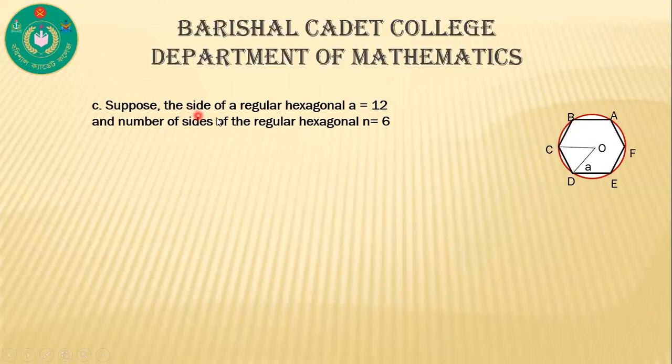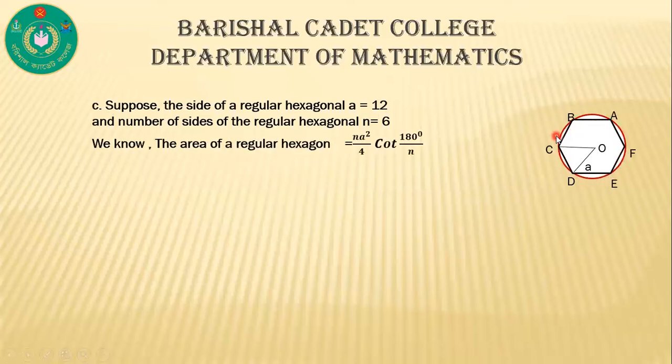Suppose the side of regular hexagon a is equal to 12 and the number of sides of regular hexagon 6. We know the area of the regular hexagon is equal to N a square by 4 cot 180 degree by N. Now putting this value here, then we can write 6 into 12 square by 4 cot 180 by 6 because N is equal to 6 and a is equal to 12.